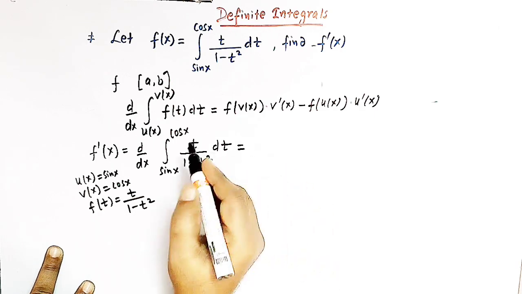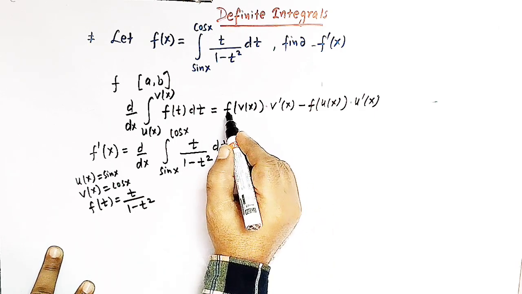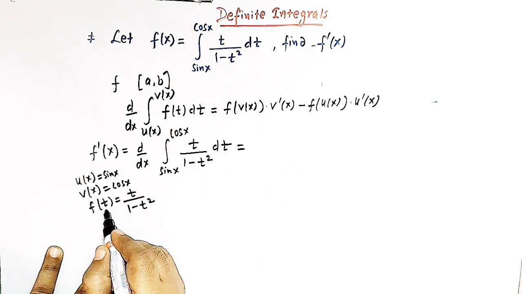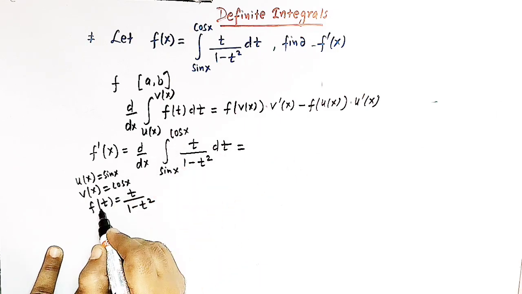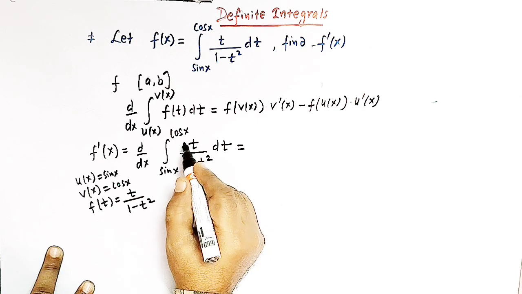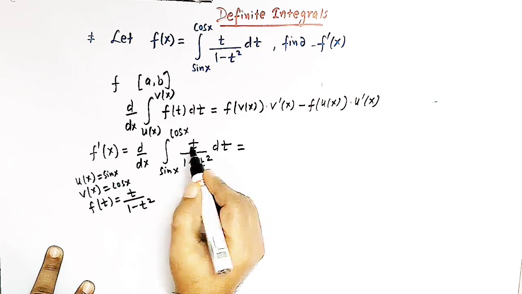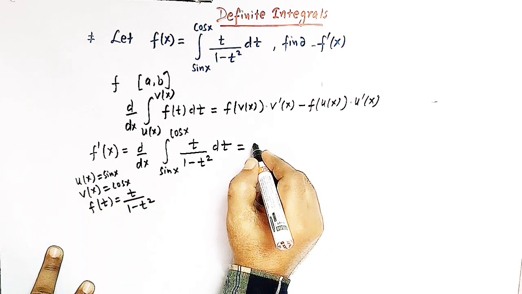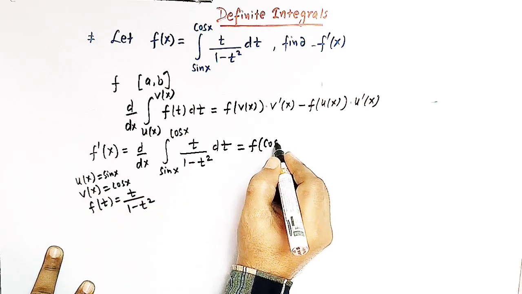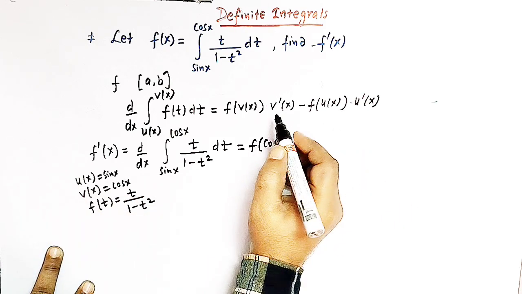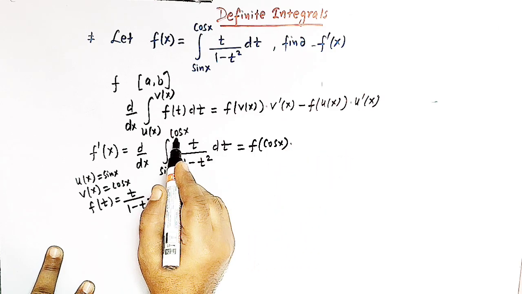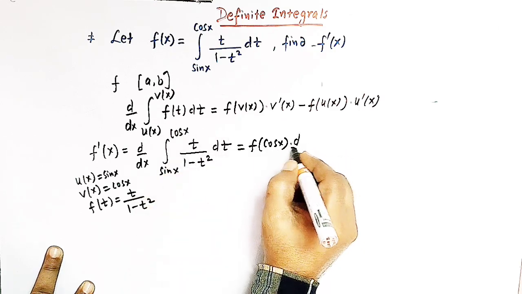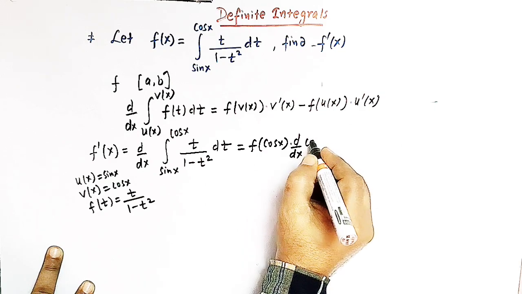So what we will do, we'll first write f of v of x. So here we have f of t, so we'll replace all the t's in this function by cos of x, right? So we have first f of cos of x, then we multiply this quantity with the derivative of this function cosine x, that is d by dx of cos x.